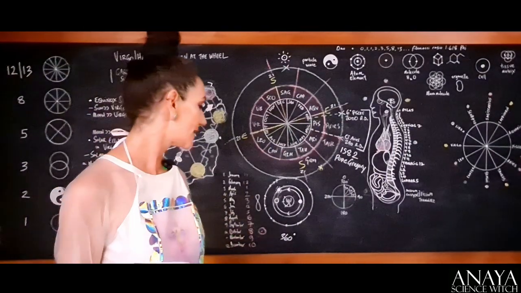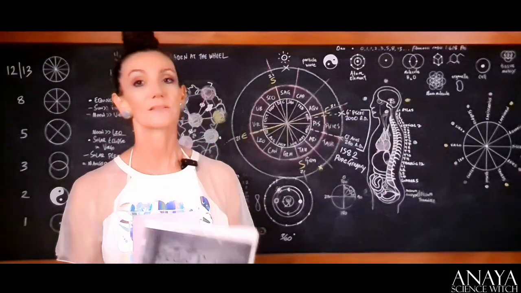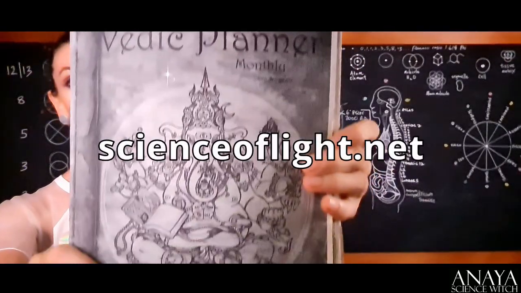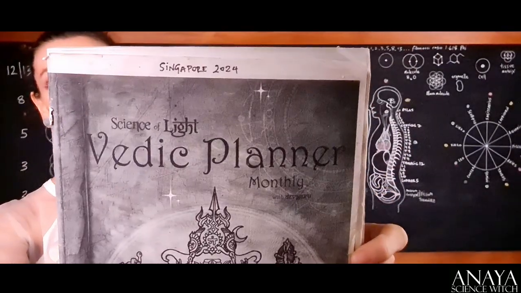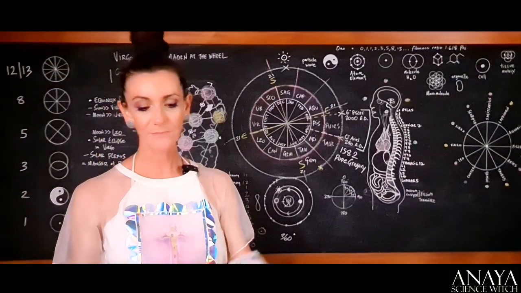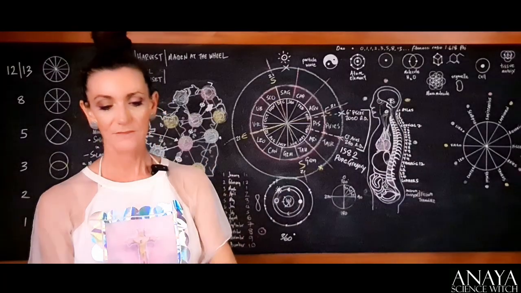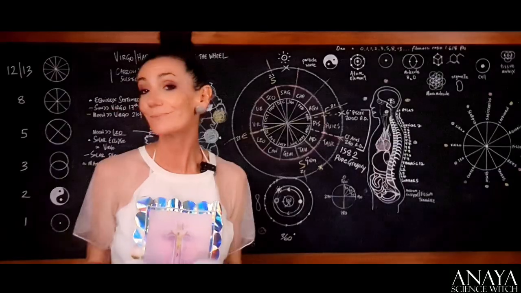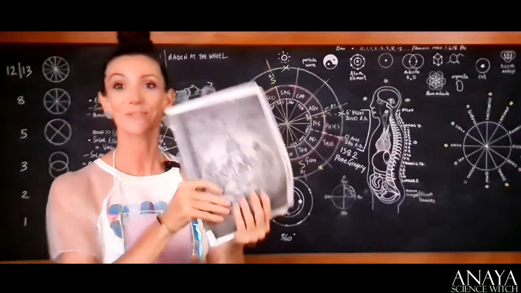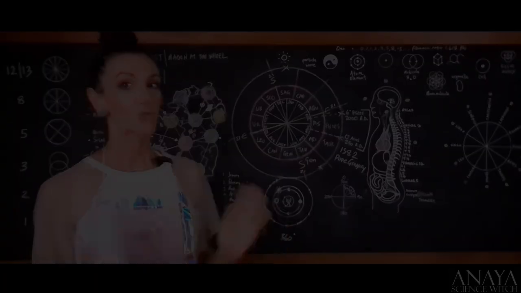But I will show you: if you go to the Science of Light website, this is my last year's calendar. You can get a planner calendar for free, and there's a lot of information you can learn for free. It's a really great resource, which we'll get into reading a little bit of what they say. So where will we start?